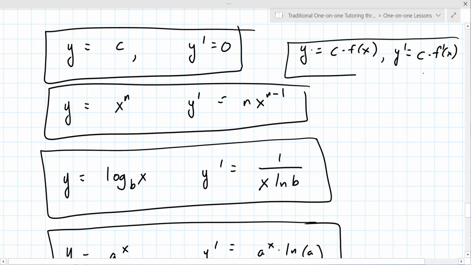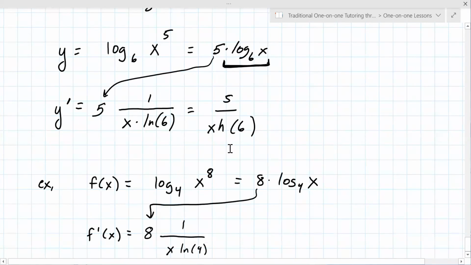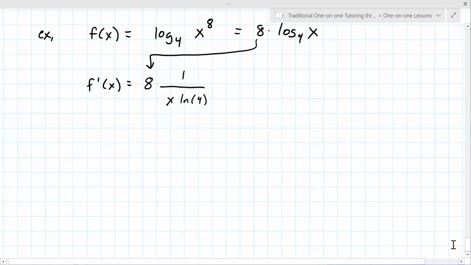So basically that number comes with. And that's what's going on here. So in these examples, this 8 has to come with, this 5 has to come with. Hopefully you're starting to see there's a lot to remember here, and there's more functions. This is just a small part of this.